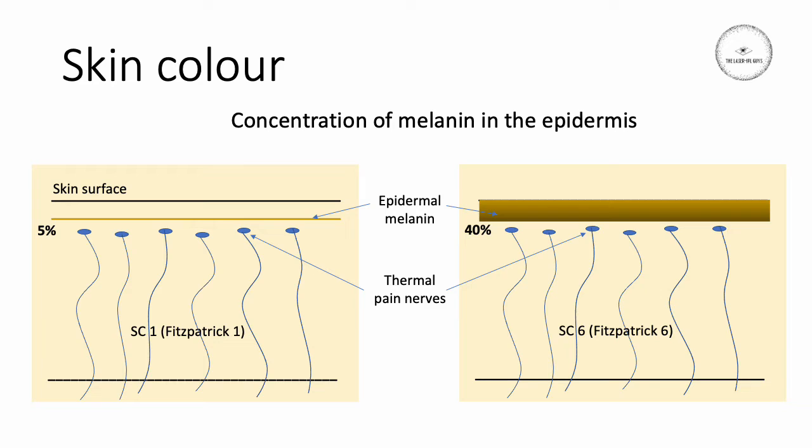This is because a lot of the melanin granules will migrate through the epidermis up towards the surface. So darker skins have a lot more melanin and they're much more distributed throughout the epidermal layers compared to a light-coloured skin.